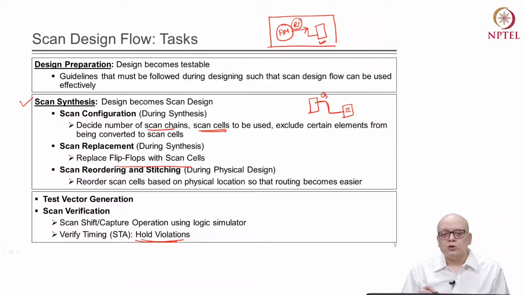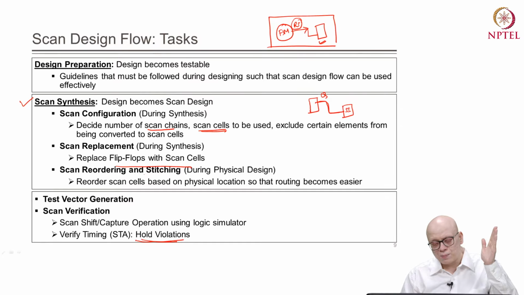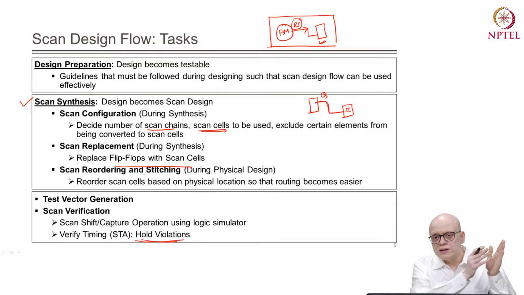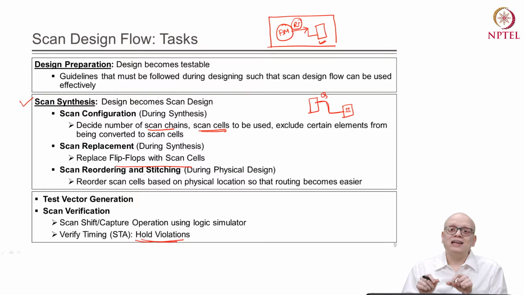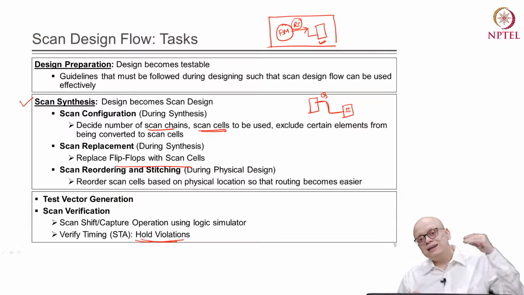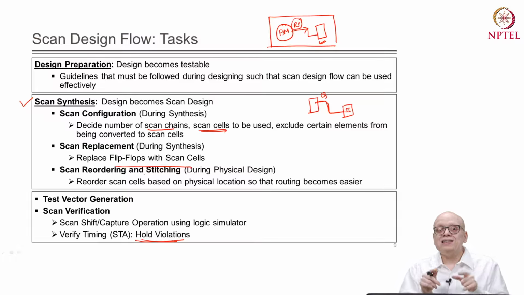And we also do some sanity checking of the scan chains using logic simulators, to check whether the value we are applying at the scan input port is being propagated properly and so on. And we also need to ensure, using say combinational equivalence checking, that after scan cell insertion our design is functionally equivalent to the earlier original design in the functional mode or normal mode, right.